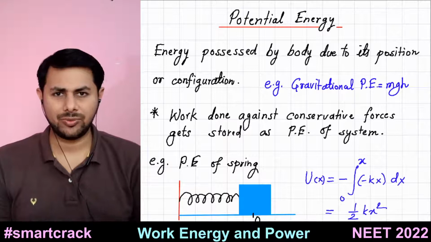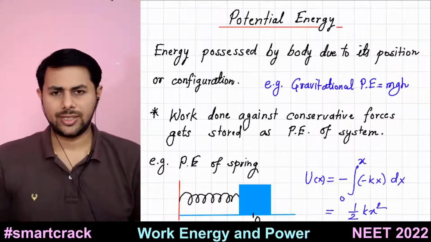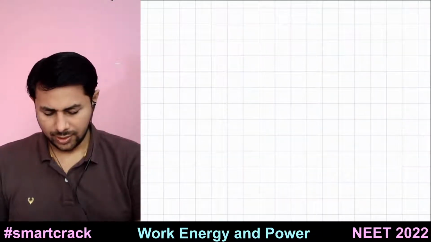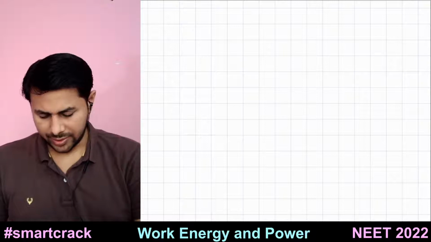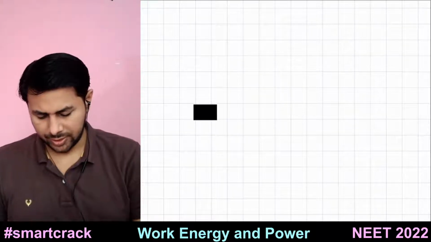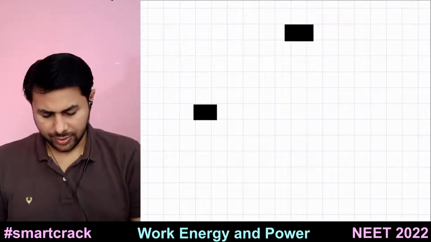So what is a conservative force? If you think about a force, let's suppose gravity, you have some object at this point, and you move this object from this point to some other point, suppose here, at this point.